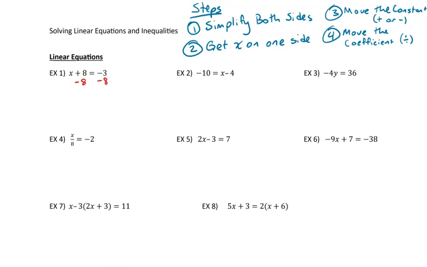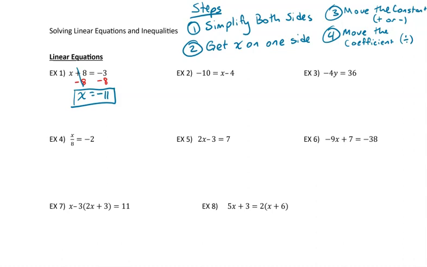So we're going to subtract 8 from both sides. If we do that, 8 minus 8 cancels out, so on the left side we're just left with x. On the right side, negative 3 minus 8 is negative 11. And that's it. We've solved our first equation.